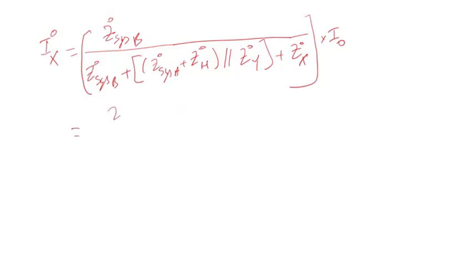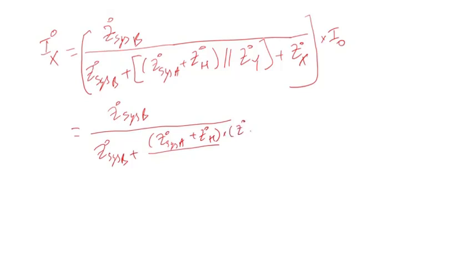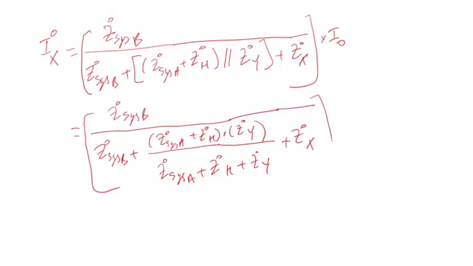You can rewrite this as the zero sequence of system B divided by the zero sequence of system B plus, since these are in parallel, just a product: the zero sequence of system A plus the zero sequence of H, times the zero sequence of Y, divided by their sum, plus the zero sequence of X, the entire thing times I0.